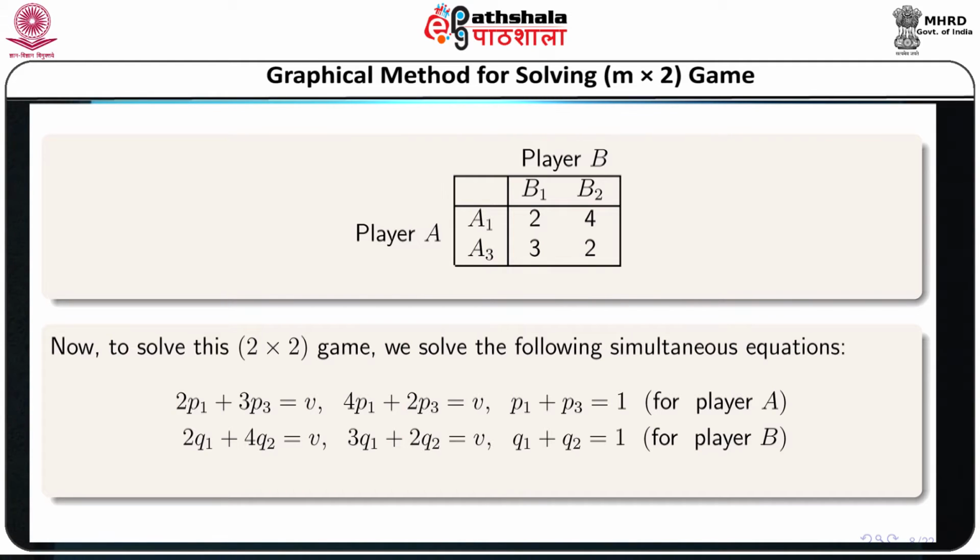Now, since the game again has no saddle point, we will use mixed strategies, and to determine the mixed strategies we consider the following equations.